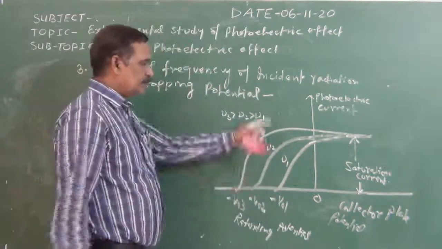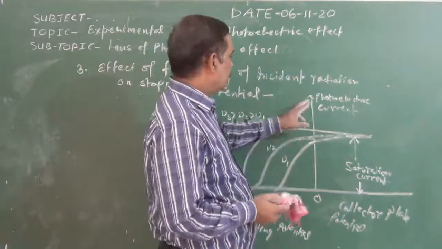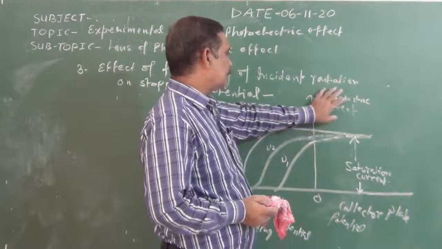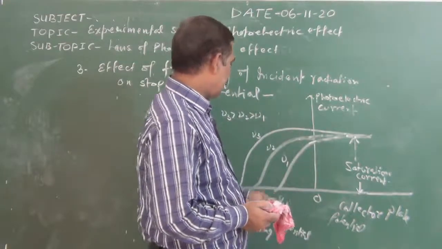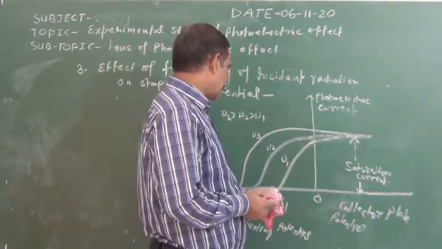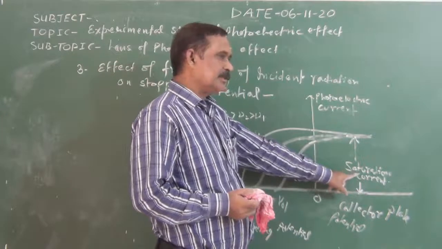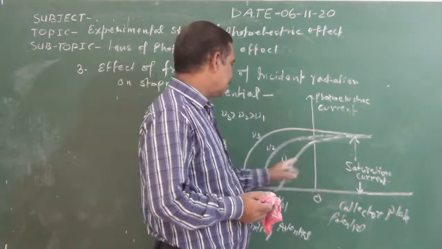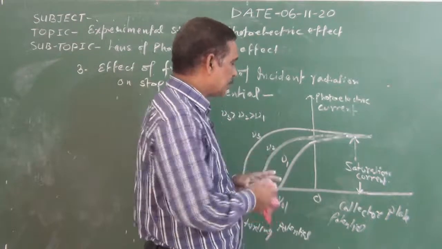So first you see the graph. Here we are plotting the graph between photoelectric current and collector plate potential. So at the different value of stopping potential, the photocurrent attains the saturation position for incident radiation of different frequencies nu1, nu2 and nu3.